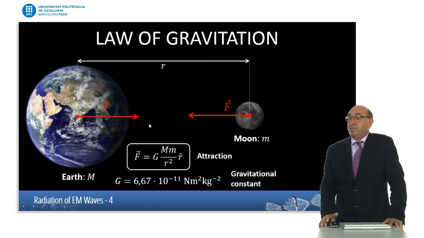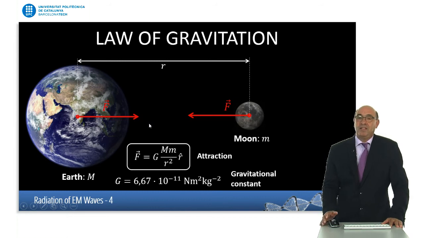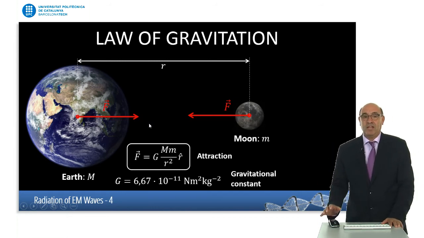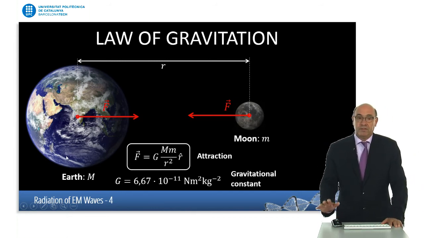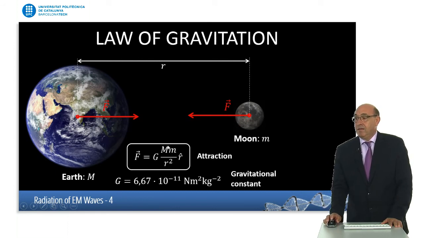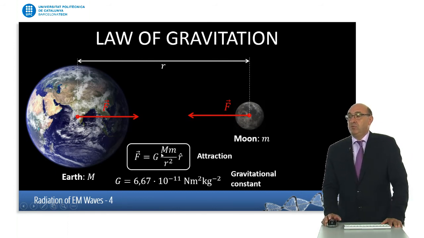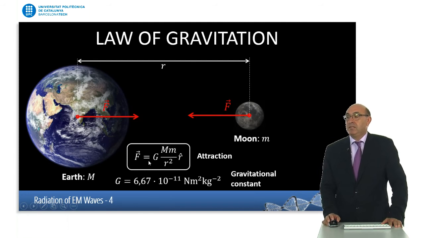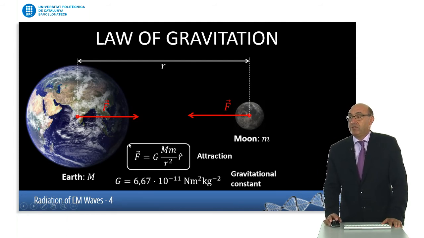The law, and you should keep this in mind later on because you are going to see in the electrical world exactly the same kind of expression with different things written here, but it's going to be exactly of the same kind, tells you that the force acting on a body is proportional to the product of the masses and inversely proportional to the square of the distance that separates your centers.